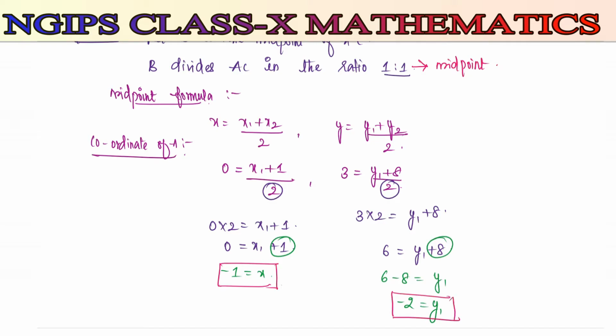We considered the A point as (x1, y1), so finally, the coordinate of A is (-1, -2). Always take the x coordinate first.